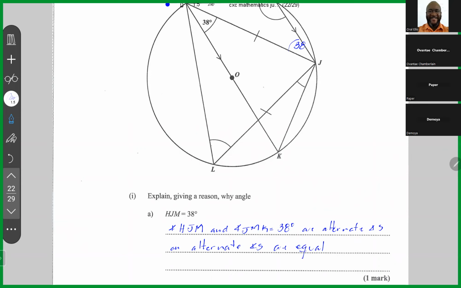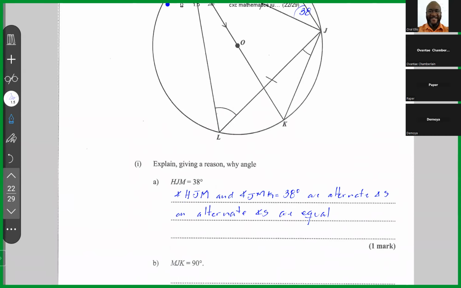All right, so that angle is equal to 38 degrees because the two angles are alternate angles and alternate angles are equal.